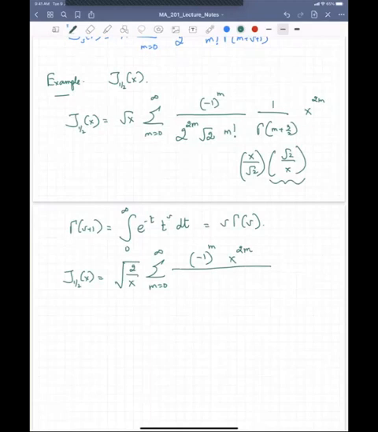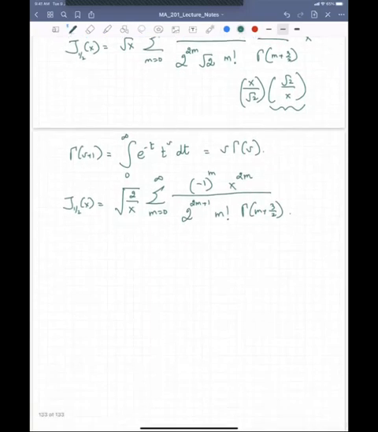Square root of 2 over x times square root of x becomes square root of 2 over x, which means the factor x over root 2 remains inside. And now there are 2 factors of root 2 in the denominator, so this becomes 2m plus 1. M factorial remains, and this remains as gamma m plus 3/2.